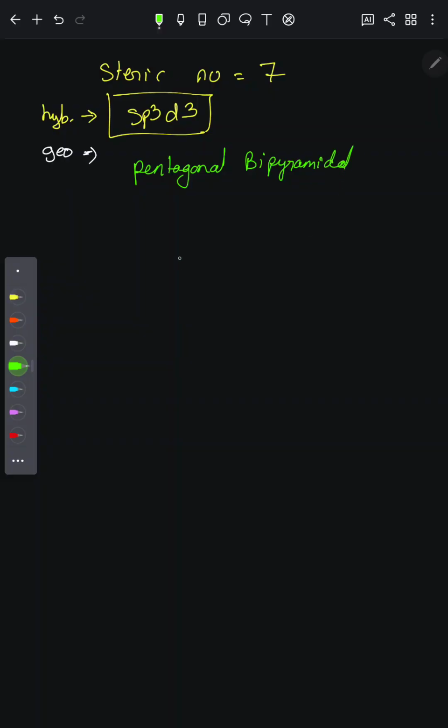So how does it look? A pentagon will be formed, and one at the top, one at the bottom. So this is the geometry of a pentagonal bipyramidal molecule.